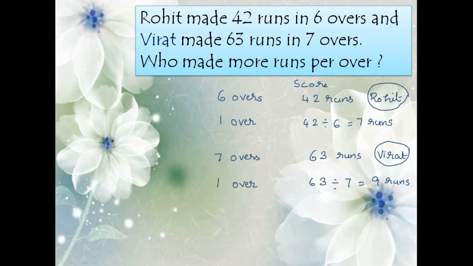Now, let's compare this one. Rohit in 1 hour made 7 runs. What about Virat? In 1 hour, Virat made 9 runs. So, who made more runs per hour? Correct. It's Virat. You can answer it as Virat made more runs per hour.